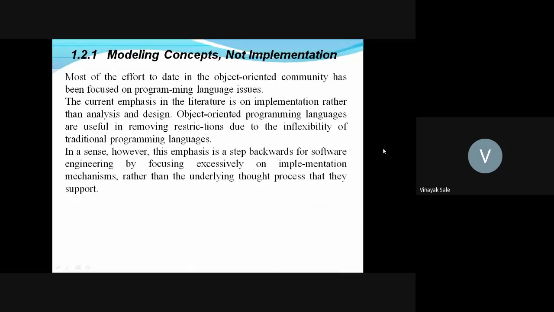Object-oriented programming languages are useful in removing restrictions due to the inflexibility of traditional programming languages. In a sense, however, this emphasis is a step backward for software engineering, by focusing excessively on implementation mechanisms rather than the underlying thought process that they support.